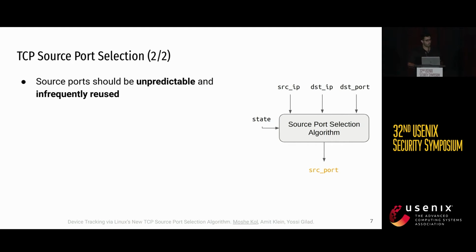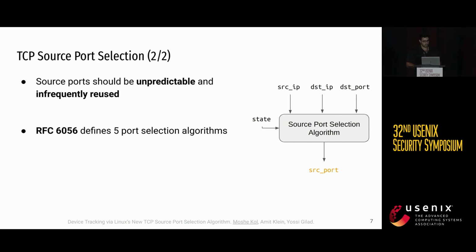Now we have two requirements about these source ports. First is a security requirement. They should be unpredictable. And this is to prevent blind TCP attacks or data injection attacks. And the second requirement is more of a functional requirement. We require that the source port will be infrequently reused, because otherwise this can cause delays or failures in connection initiation.